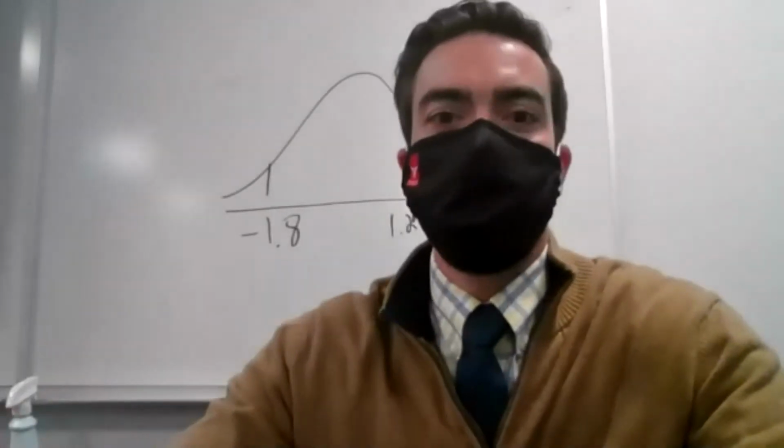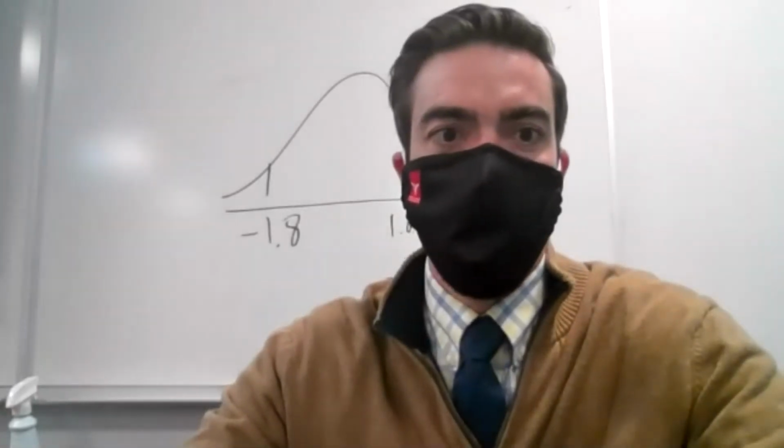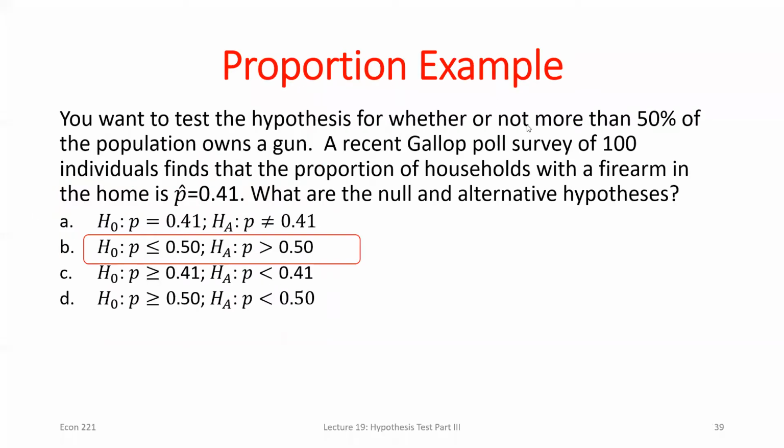I don't even know why I did any of this work, because if I go back to the original problem, if I'm assuming that the true population proportion is less than or equal to 0.5, I then found sample evidence that supports the null, well, then for sure I shouldn't be rejecting the null, right? We didn't even have to go through this whole process if all I wanted was the rejection decision. I found sample evidence that supports the null, so I didn't even have to go through any of this work.